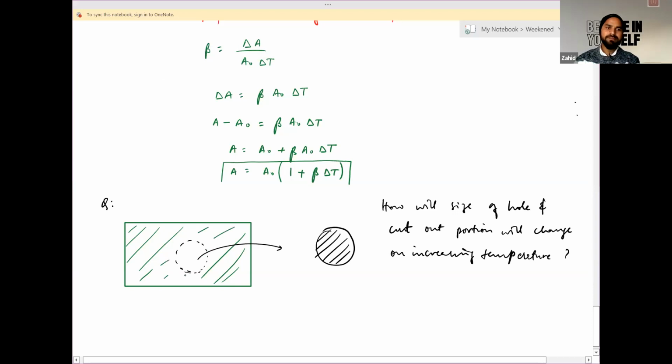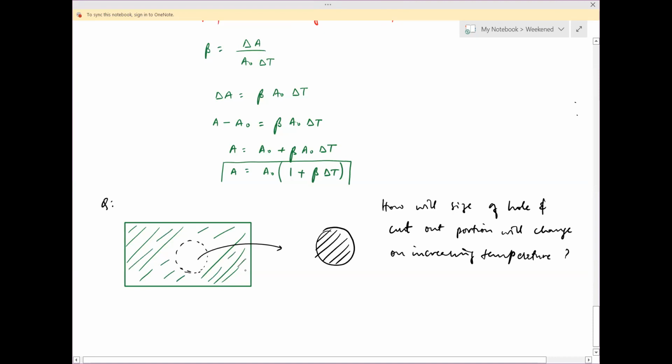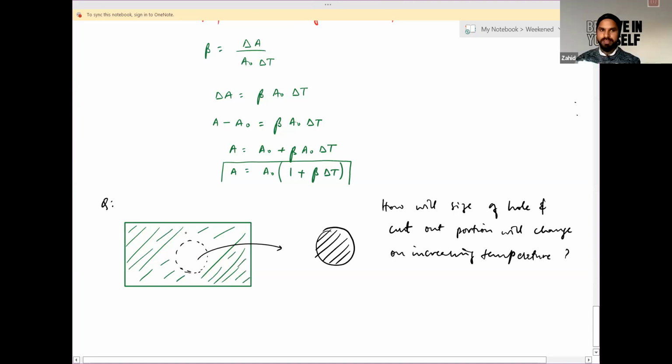Saifullah, any doubt in this question? Can you explain the question again? Okay, we have a rectangular sheet from which a hole is cut out and placed at this point. So you have to define how this hole and this cutout portion will change their area on increasing temperature, whether the hole will shrink or the cutout portion will expand, or both will increase at the same rate, or both will decrease at the same rate.